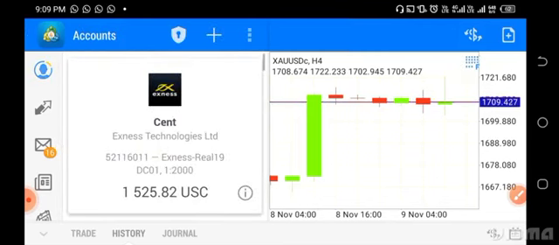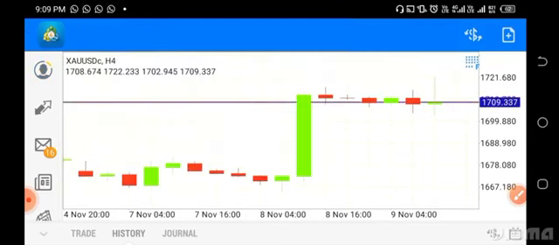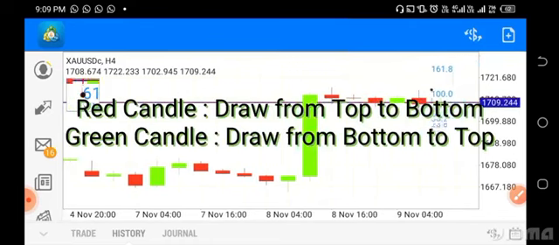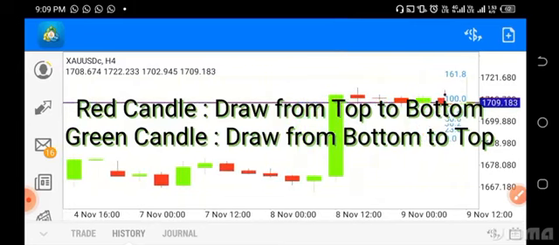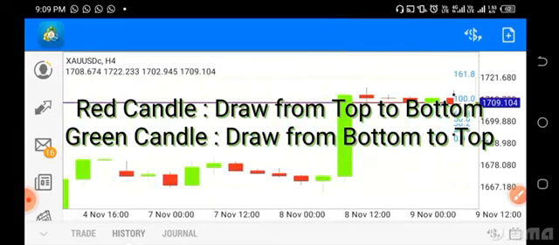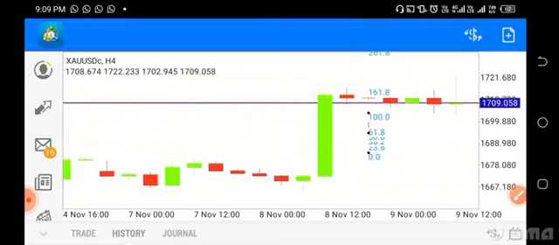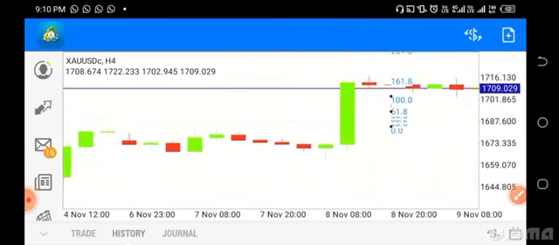Now, with Fibonacci, first you need to check the candle color. If the candle color is red, you need to draw from the top to the bottom of the chart. One second, we will just draw that.